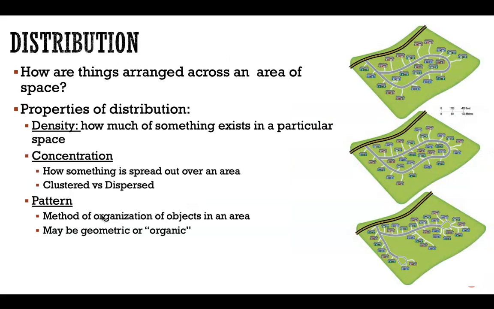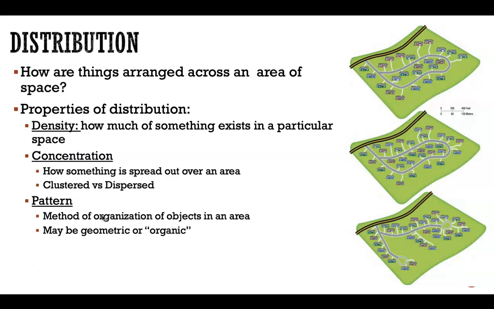All right, another big thing we got to talk about is distribution, which is how things are arranged across an area of space. A couple properties we look at here are density, concentration, and pattern. Density is how much or how frequent something exists within a particular space. We also look at concentration, right? Not just how much of it is there, but how is it spread out?